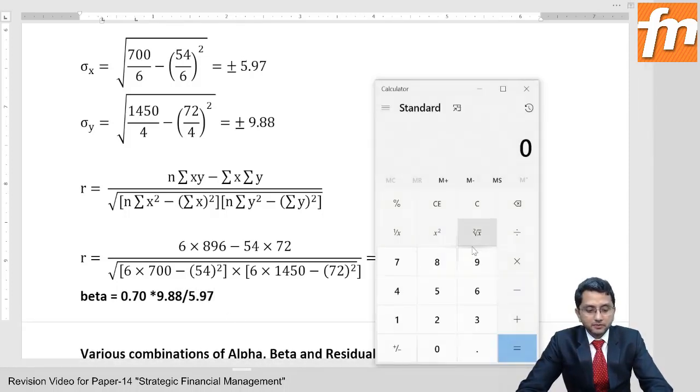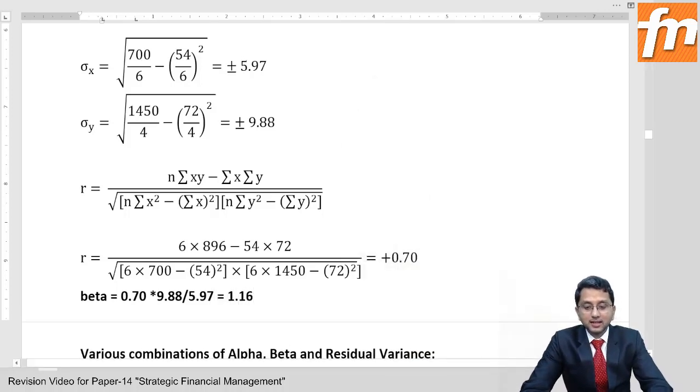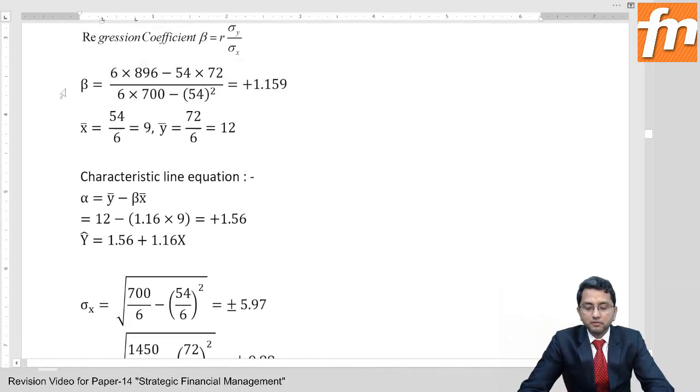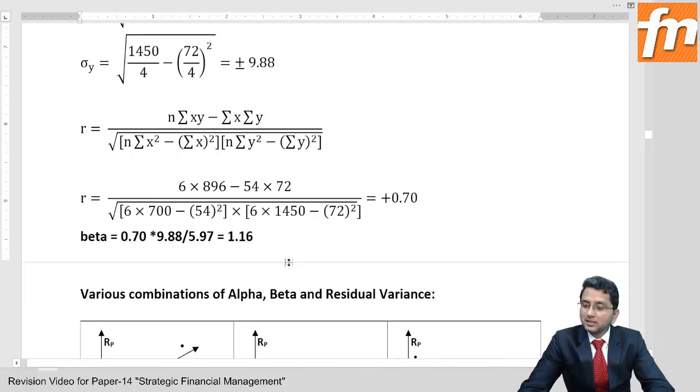Let's calculate it. 0.7 into 9.88 divided by 5.97. See, it is 1.158, that is 1.16. And here also it was 1.159, that is roughly 1.16. So both ways, the answer is same.